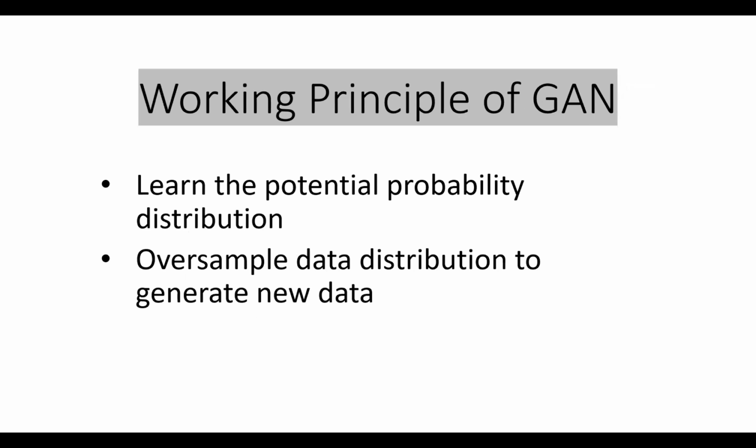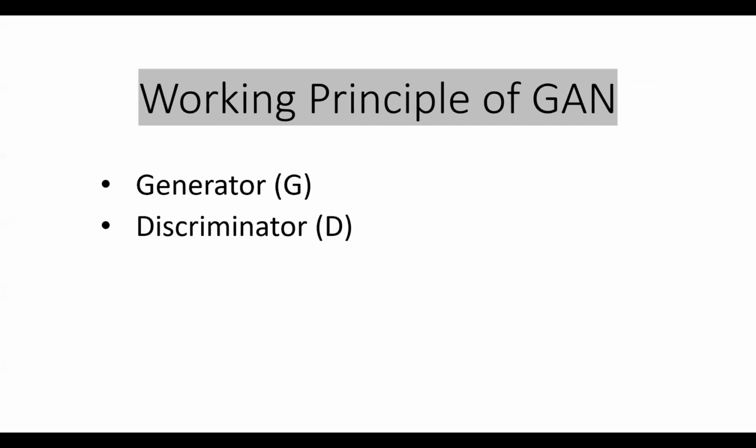This is the working principle of the GAN: to learn the underlying probability distribution and oversample it to generate new data. It consists of two fundamental components, the generator and the discriminator.